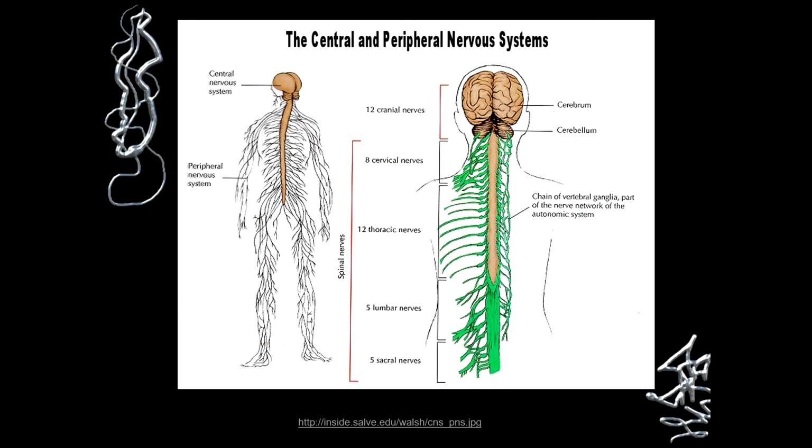So the cranial nerves that we were just discussing, there are 12 cranial nerves. There are 8 cervical, 12 thoracic, 5 lumbar, and 5 sacral nerves, which are located over here. Here is the chain of vertebrae, 33 vertebrae, to be exact.